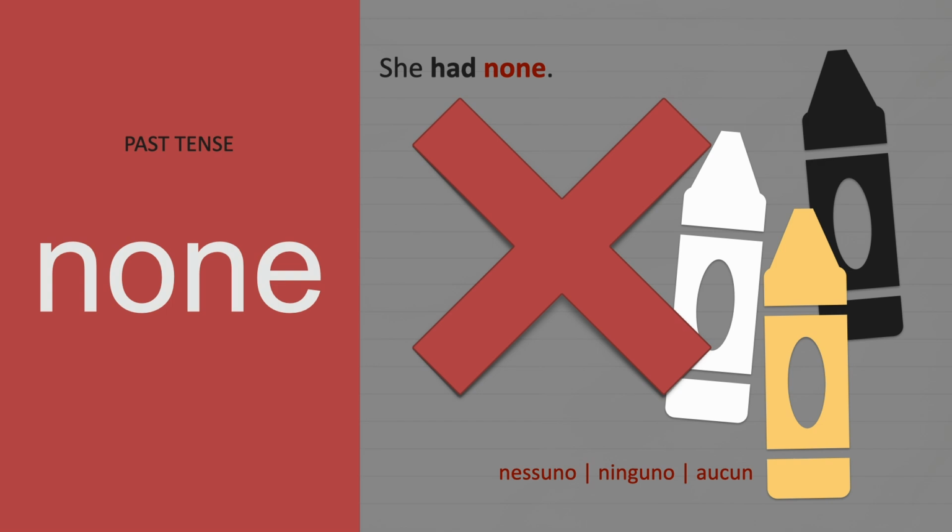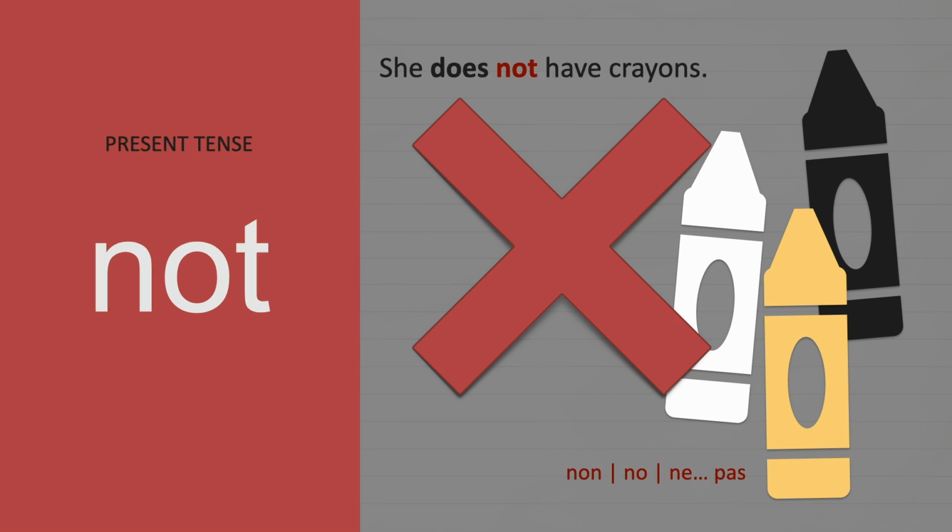Now let's use a different negative. Not. She does not have crayons. That is present tense. Past tense, you would say, Pam did not have crayons.